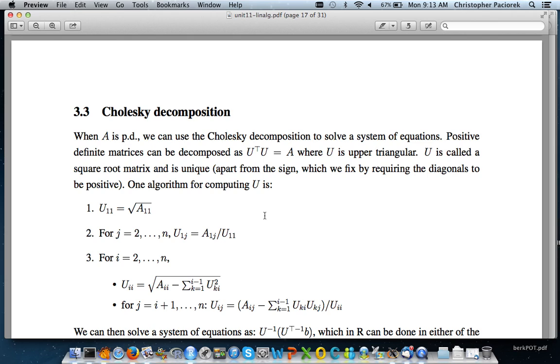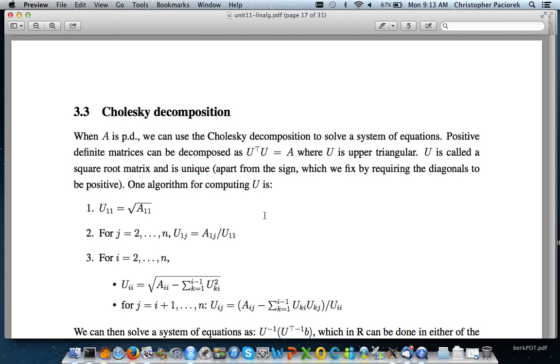And for the purpose of getting a unique Cholesky decomposition, this is defined to be the positive square root. Okay, so that's going to give us this guy. And now the idea is we're going to proceed this way and fill in the required elements of the U matrix.